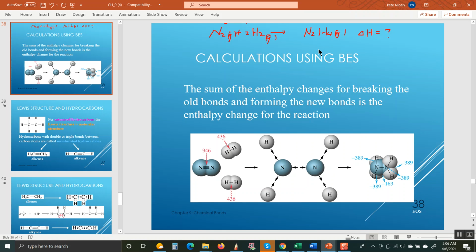If the states of the different substances are other than gases, in other words, liquids, solids, or aqueous, then it turns out that it's not as good an approximation when you're using this method. All right, so that's the limitation of using bond dissociation energies for calculations of the enthalpy changes of a reaction.